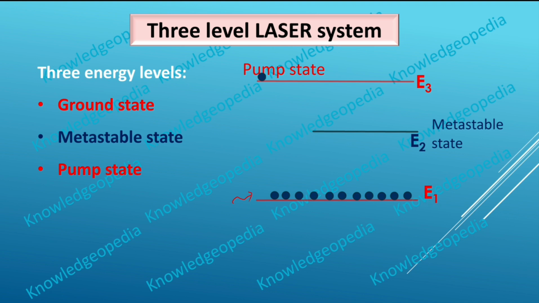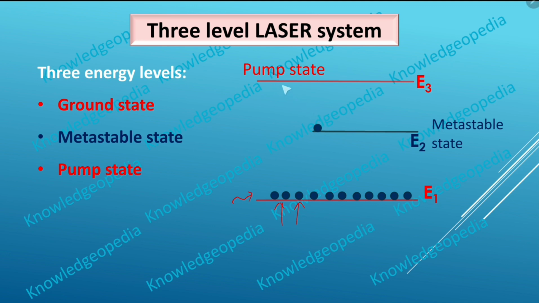So when we are providing some energy, many of these atoms will be pumped to energy state E3. Now they have two options: either they may come down to E1 or they may move to E2. So let this atom move to E2.